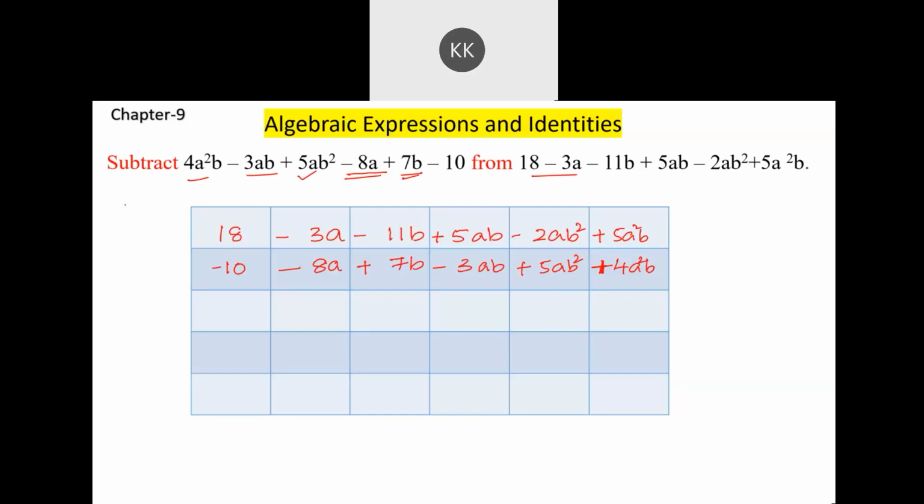Now, how do we do subtraction? The second expression, we should change the sign. Why? Because subtraction is multiplication. Plus will become minus, minus will become plus. Look at this. I have written here 5 minus 3 equal to 2. The same result 2 is obtained when 5 is added with minus 3. We get the same result.